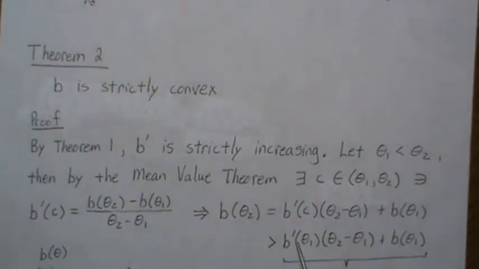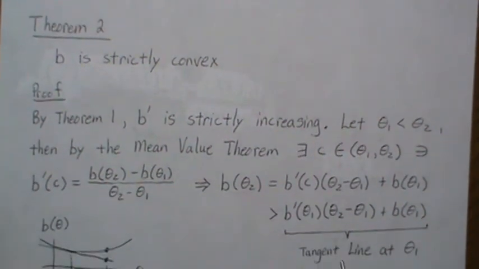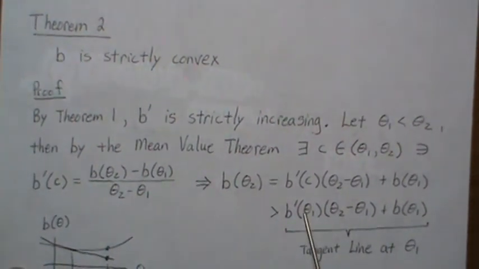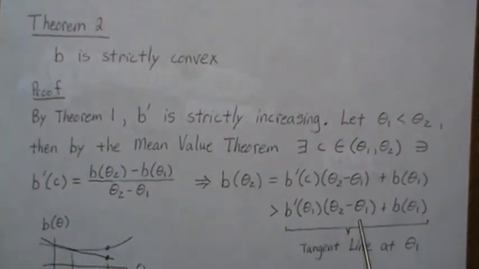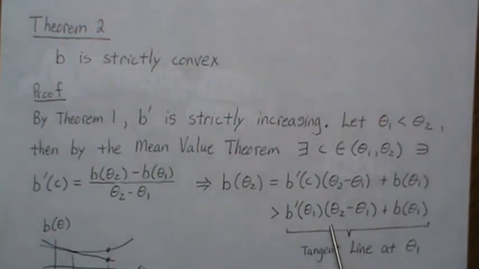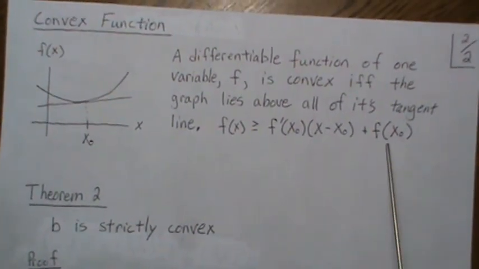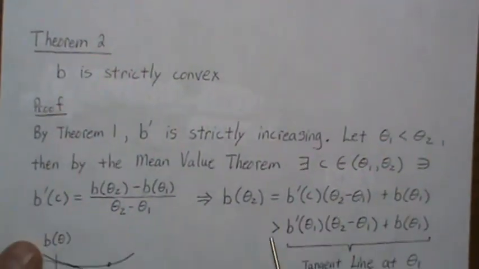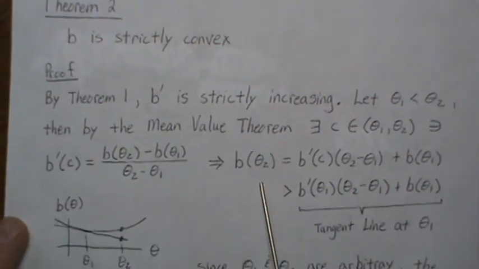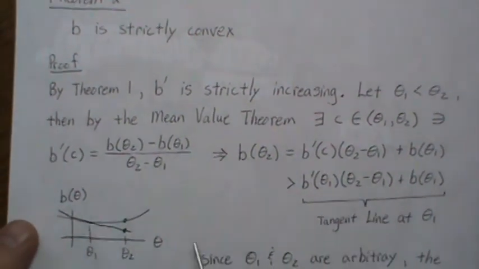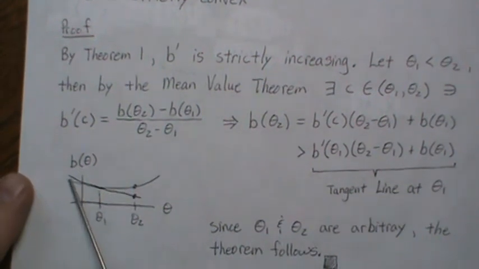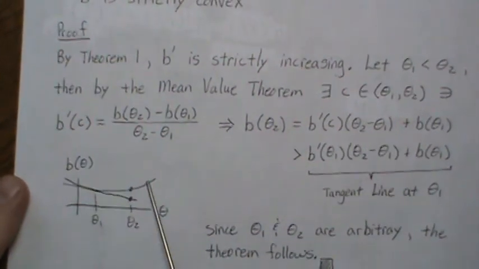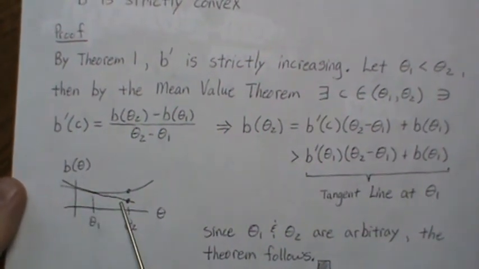But this right here is a line tangent at theta 1, right? That's a slope at theta 1, with value B of theta 1. And so that's this setting. And we know that B of theta 2 is strictly greater than that. So if we draw a picture of what just happened, we have our function and we create a tangent line.